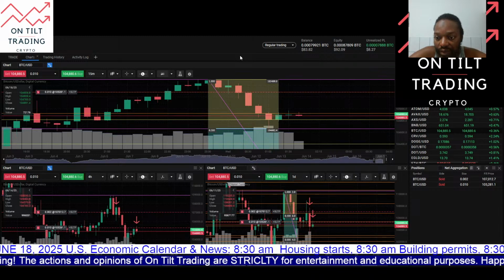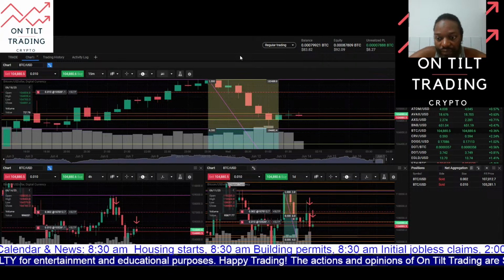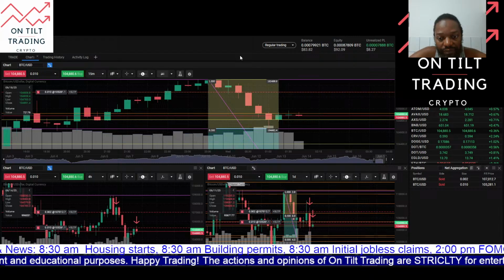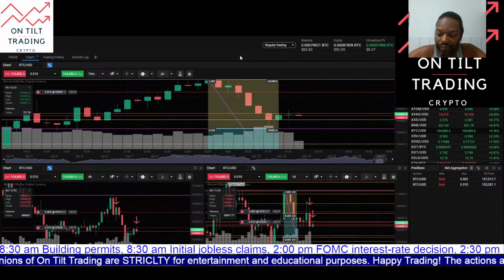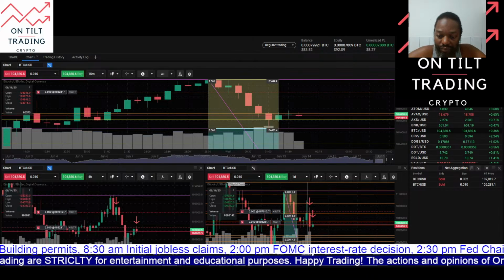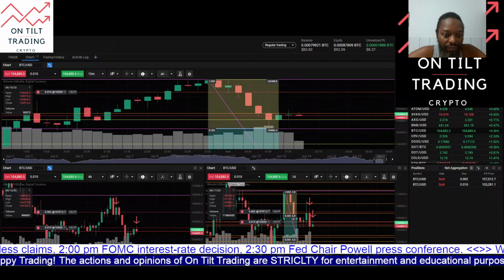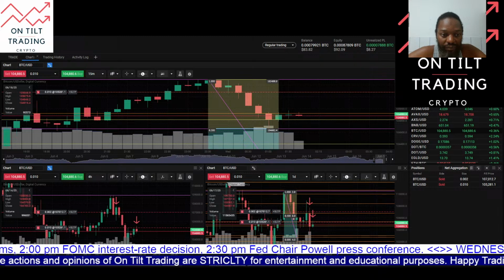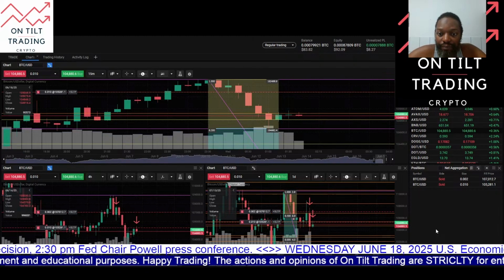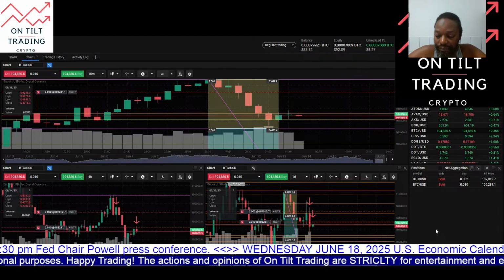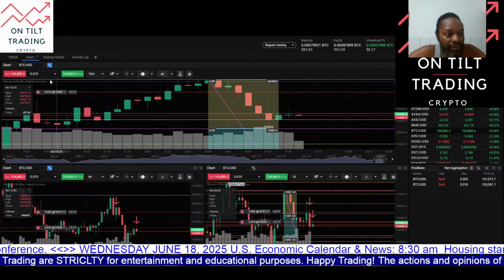Price holding here at the 104,880.5 level. Price still holding. Less than 5 minutes remaining in this 15-minute candle.